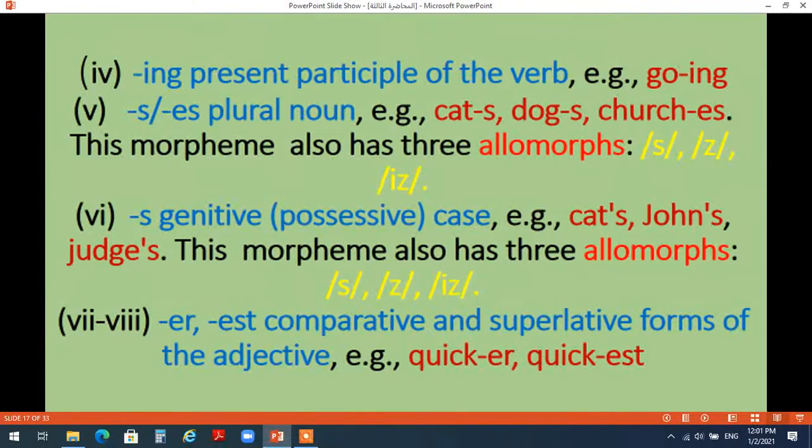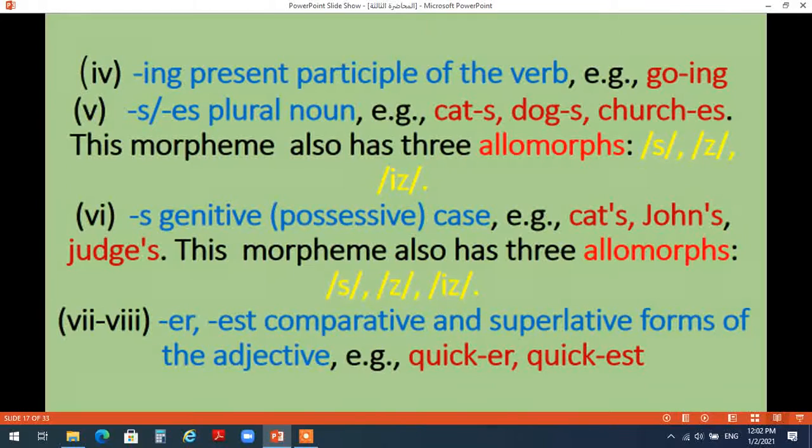Also, this morpheme has three different allomorphs, which are s, z, and iz. And number six, we have s genitive or s possessive case, for example, cat's, Jones's, and judge's. Also here we have three different allomorphs, s, z, and iz.